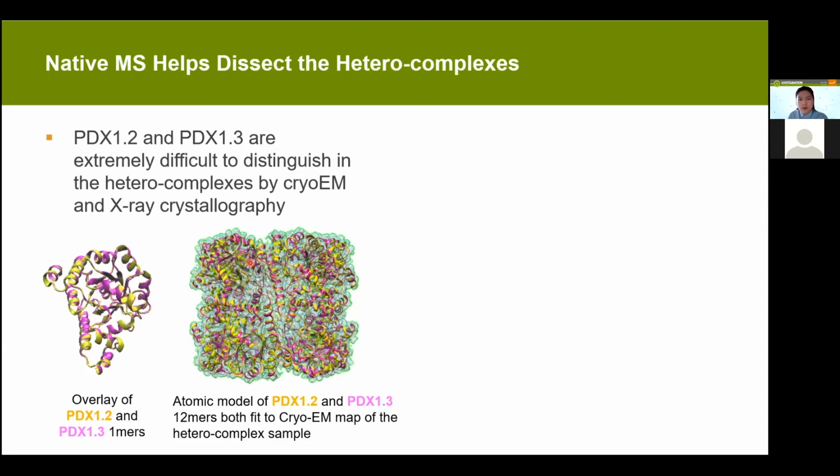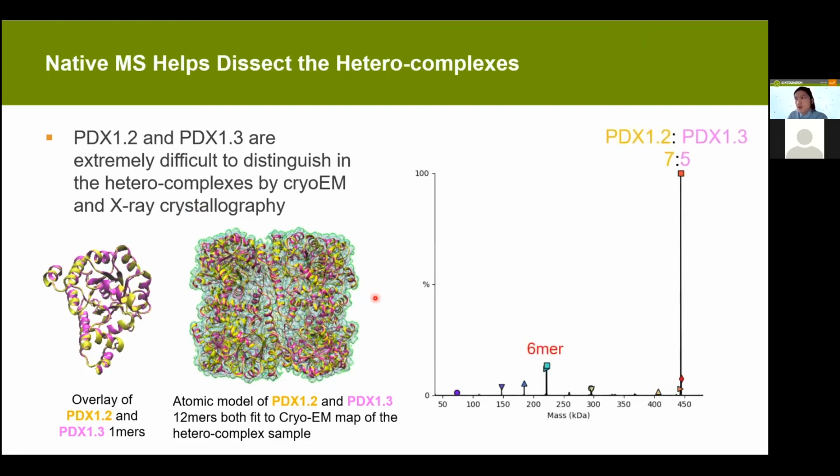But when you are looking at the cryo-EM data, because you don't know the position of each monomer in the density map, it's hard to define the classes and then start to tease out the different contributions of the 2 monomers. So what we can do, the same kind of concept as I've just shown, is to dissect this hetero-complex using native mass spectrometry.